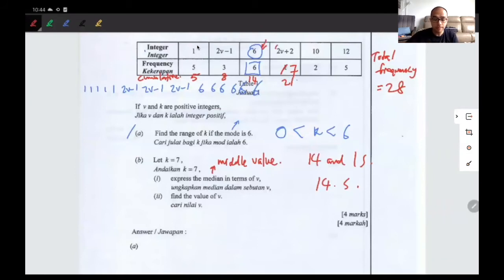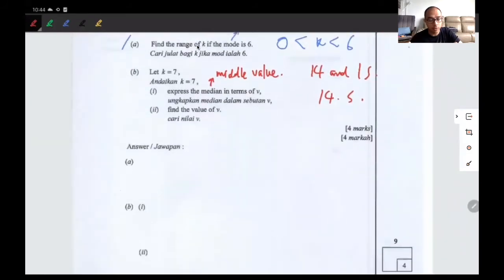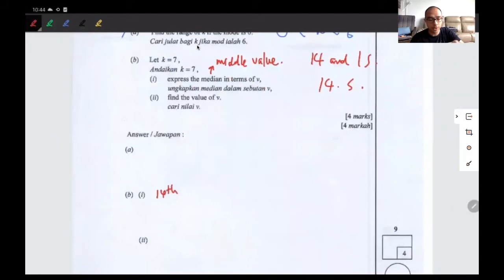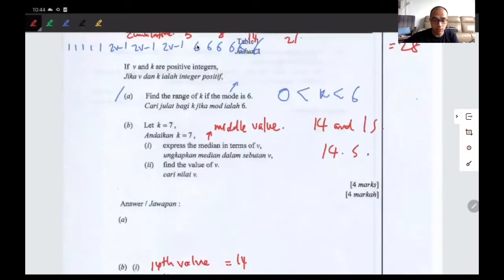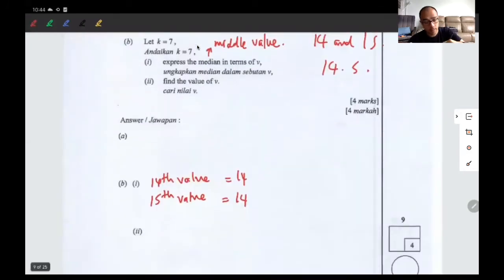So that means the 14th value is 6. The 15th value is, sorry, apa itu? 2V plus 2. Sorry. Okay, 2V plus 2.